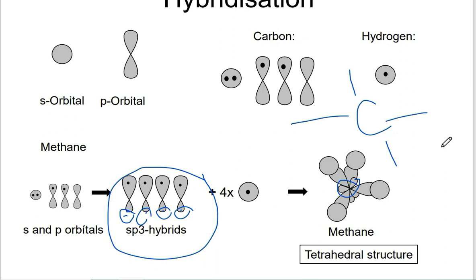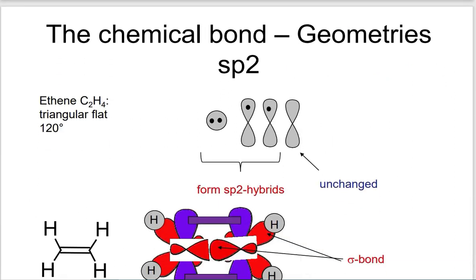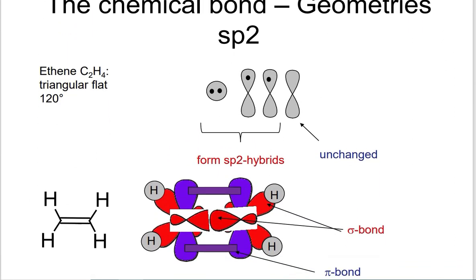Four is the maximum bonds that carbon can make, of course, because it has only four electrons. When we have one s hybridizing with only two of the three p orbitals, in this case, we start having a double bond. For example, in the case of C2H4, ethene.